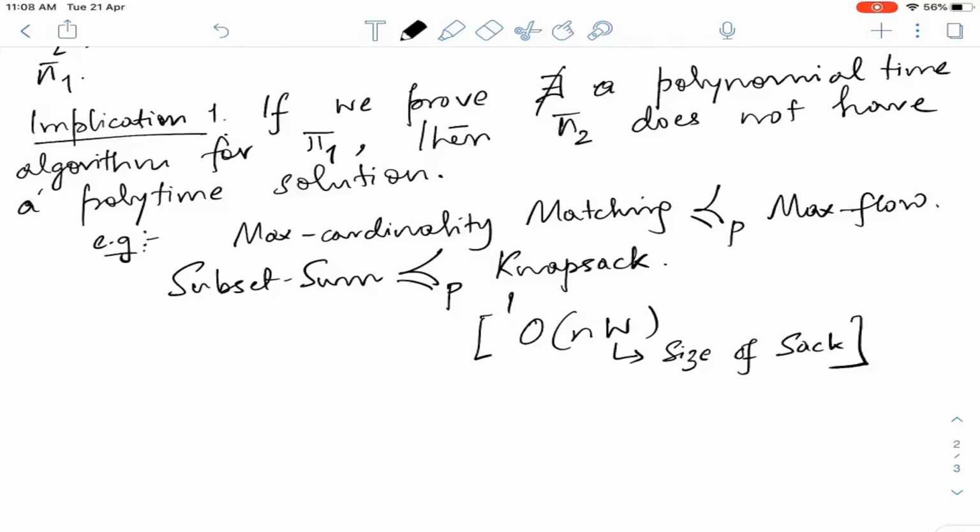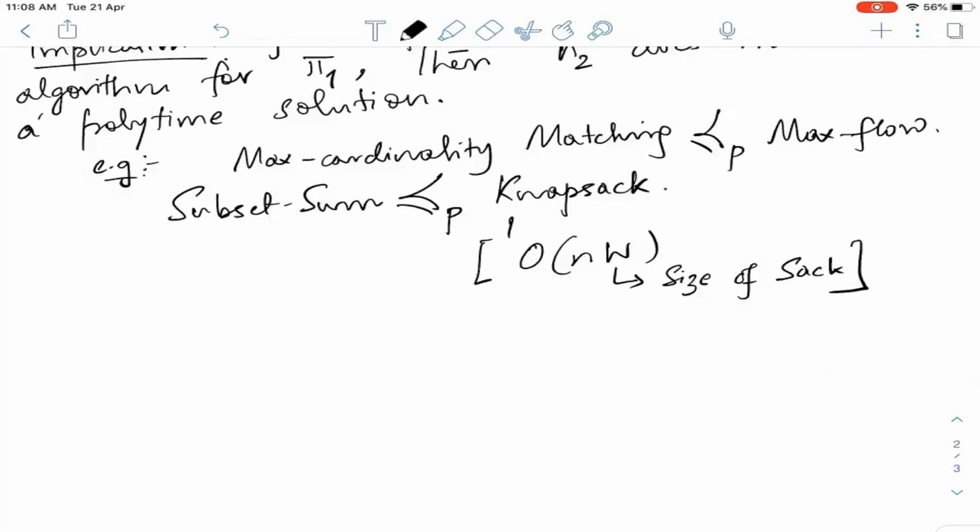This is pseudo polynomial time. Why? Because I only need log W many bits to represent W, but my runtime depends polynomially on W. So there is clearly an exponential gap. Think about the scenario when n is really small and W is really large, then this is clearly exponential time.